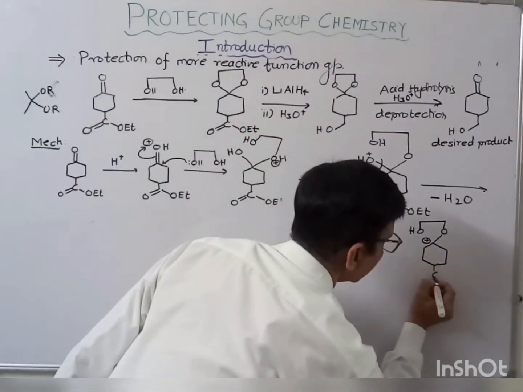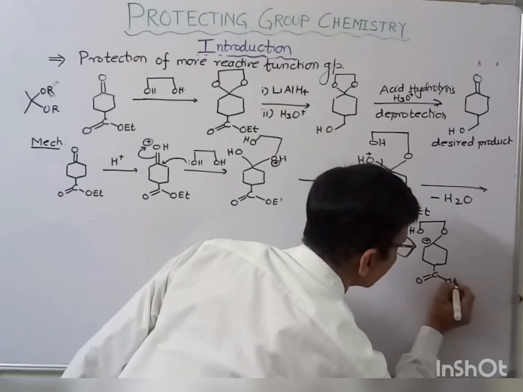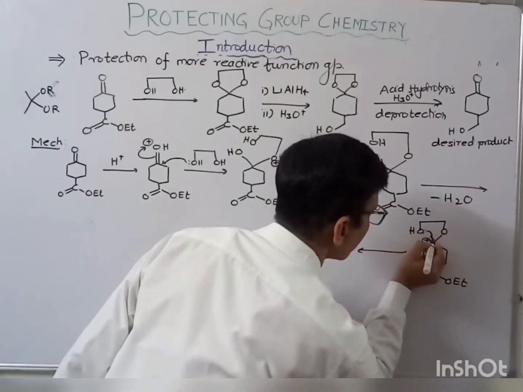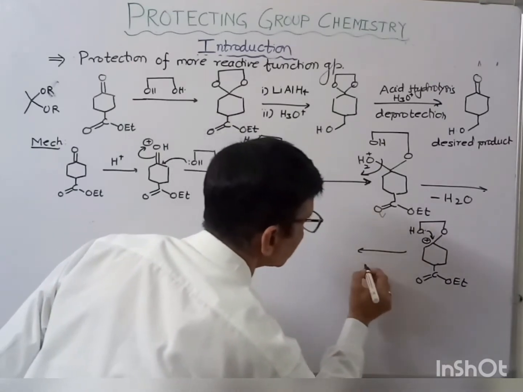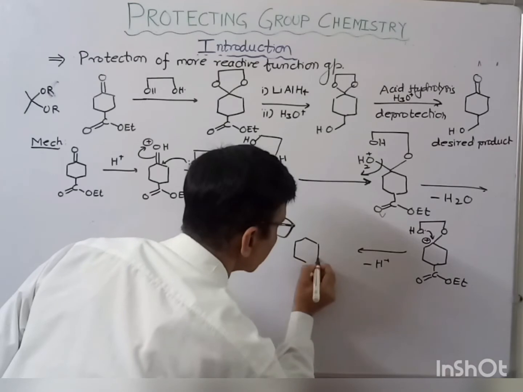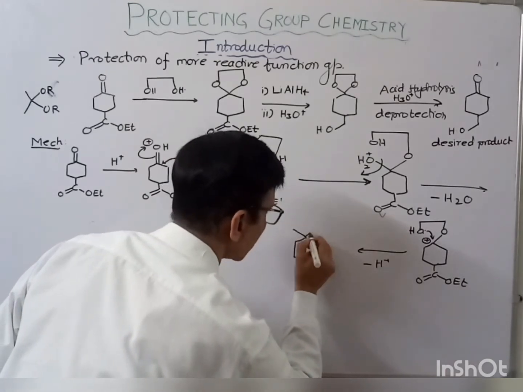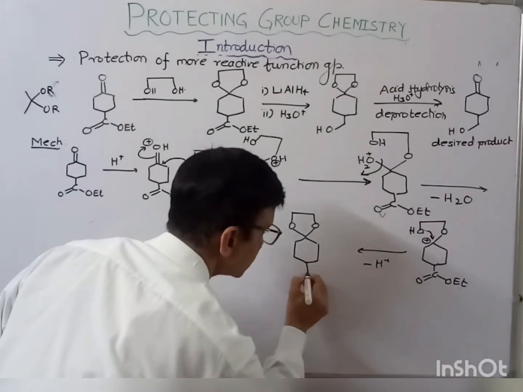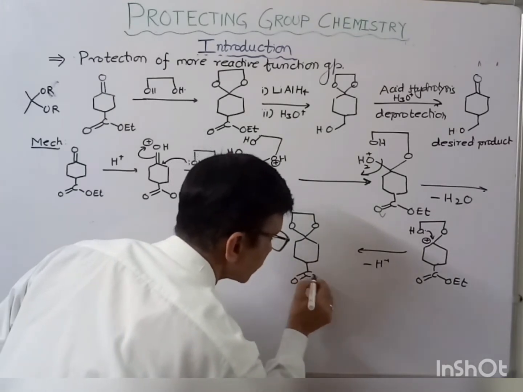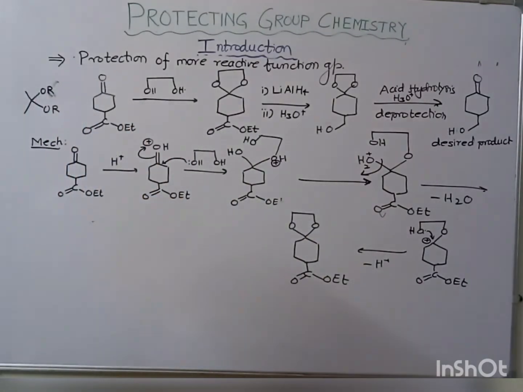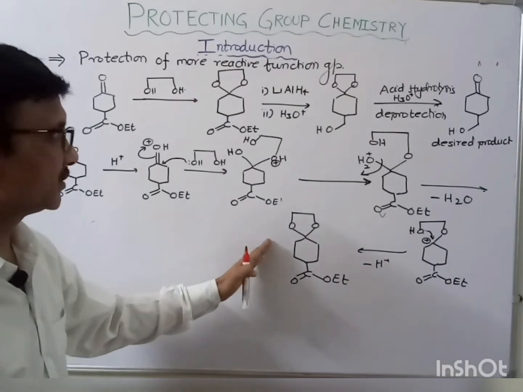Finally this is protected now. In this way, we get a cyclic acetal here. So this is the protection step.